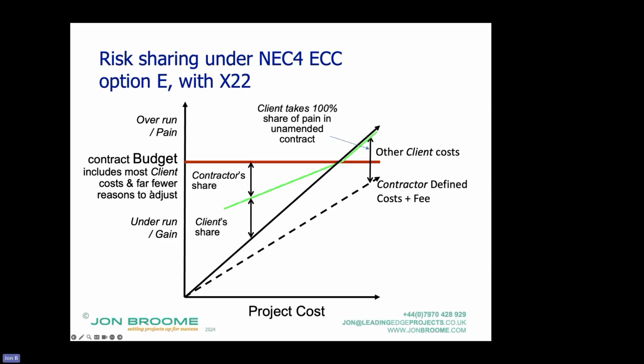Just to add something which I think I briefly mentioned: as well as including client costs over and above what's in a target cost contract, there are also far fewer reasons to adjust that budget compared with the prices. What does that mean?